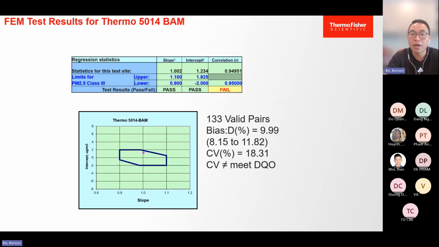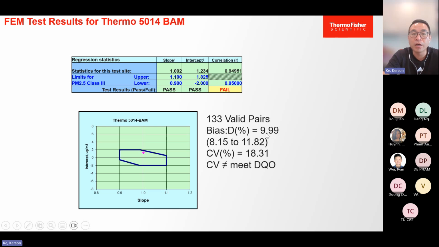You need to check the slope, intercept, and correlation, and they also have different pair bias tests and deviation tests. You need to pass. If the results fall into this block, that means you pass the test.